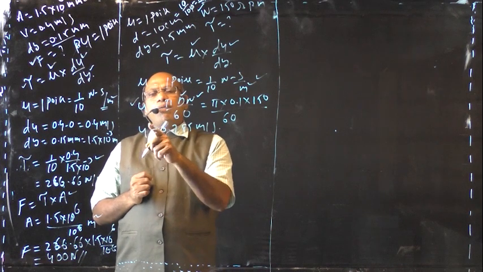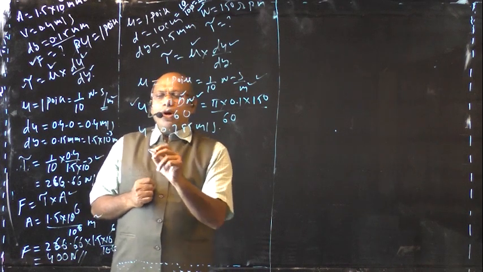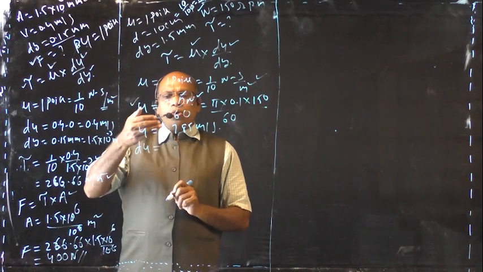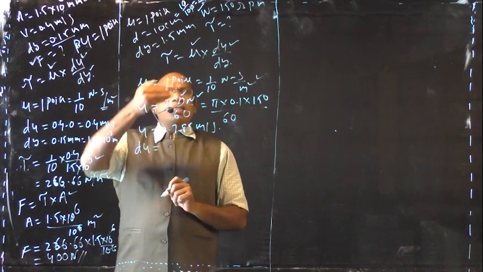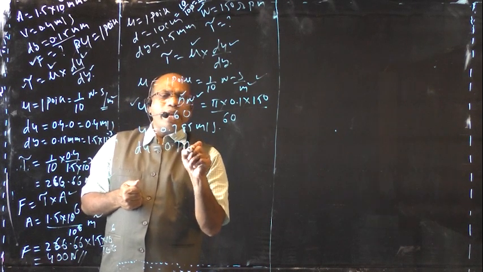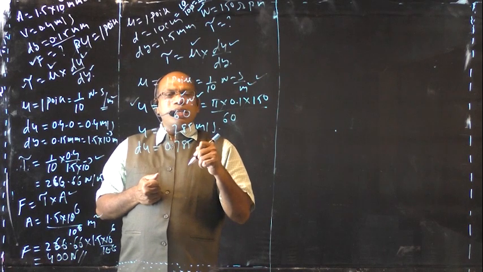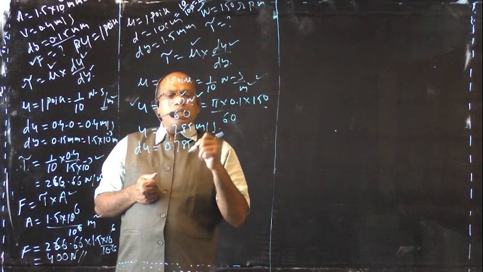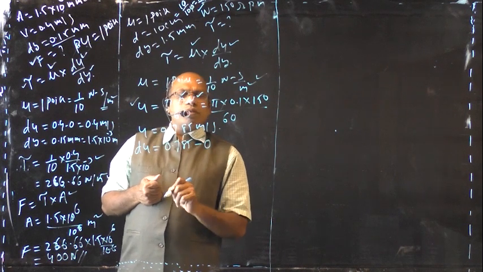Now we have the velocity, but now we are going to determine the change in velocity. Already I have explained to you how to determine the change in velocity. The velocity is 0.785 over the shaft. Over the solid bearing the velocity is 0.